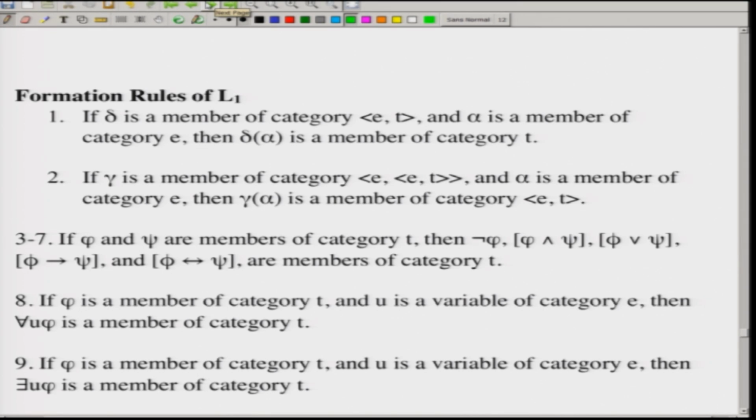So, if delta is a member of category E to T, which is a 1 plus predicate, and alpha is a member of the category E, then delta alpha is a member of the category T, which means that when something belonging to E to T, roughly speaking, takes something that belongs to E, it gives a T. So, the second element comes out.